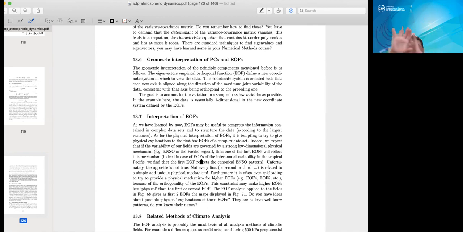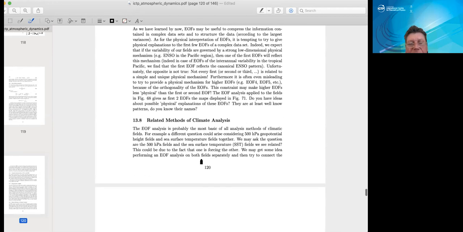If the first pattern is just like ENSO, very large scale, then the next pattern has to be adjusted so that the spatial correlation is 0. So there have to be more nodes and so on. Very high order EOFs typically have anomalies that are scattered around, and the physical explanation may be very difficult.